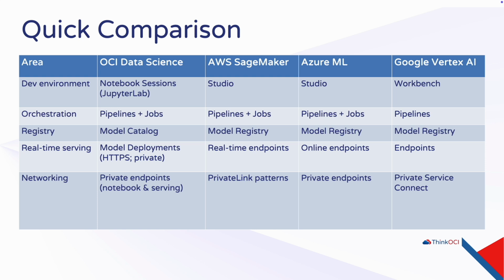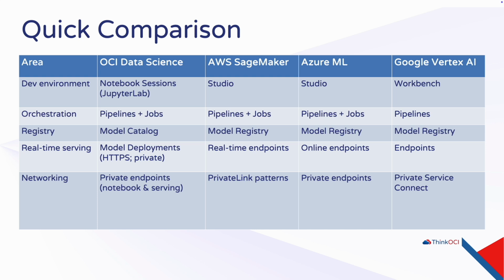OCI gives you JupyterLab notebook sessions out of the box: familiar, lightweight, and fully managed. Second, networking and security. Unlike others, where you need to configure complex private links or custom VPC settings, OCI makes it simple with private endpoints for both notebooks and serving, giving you secure access without the extra overhead.